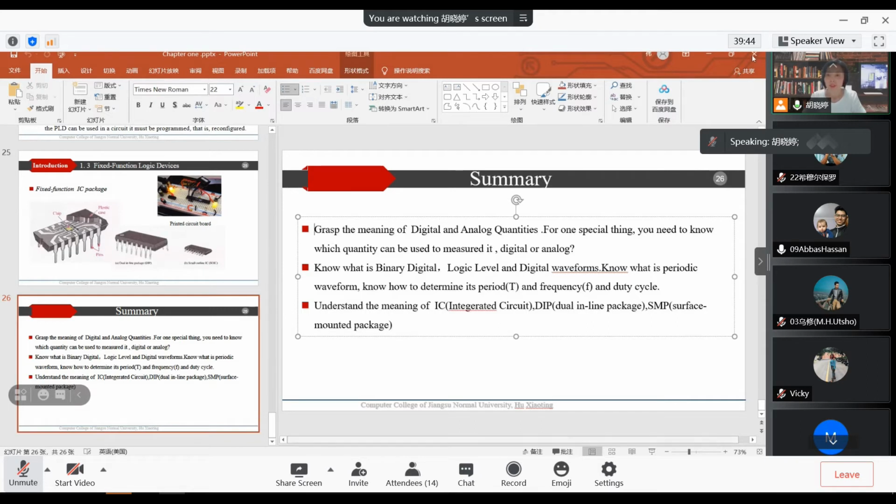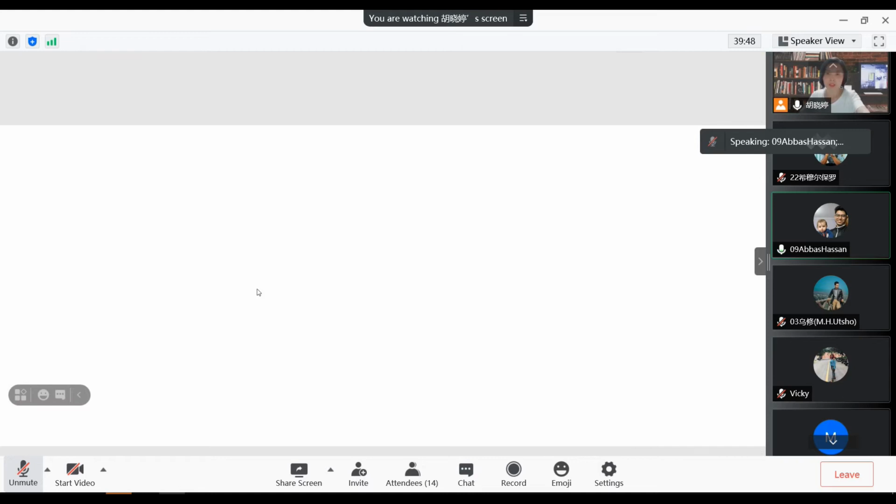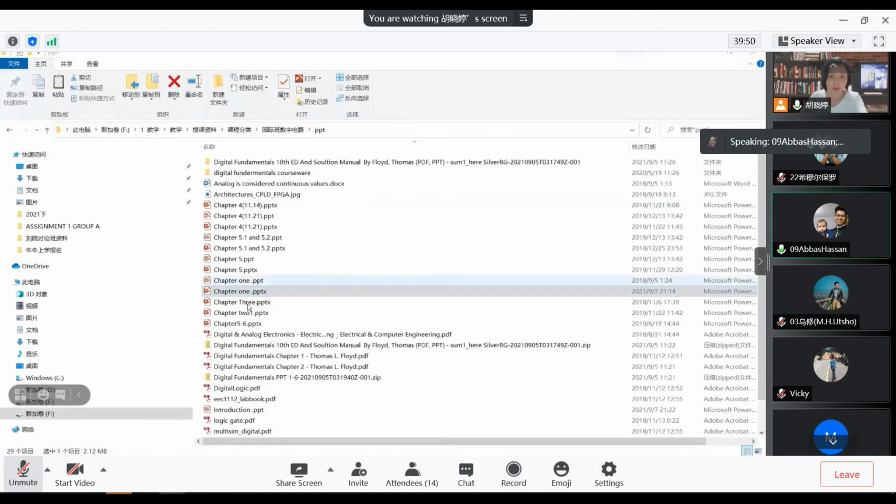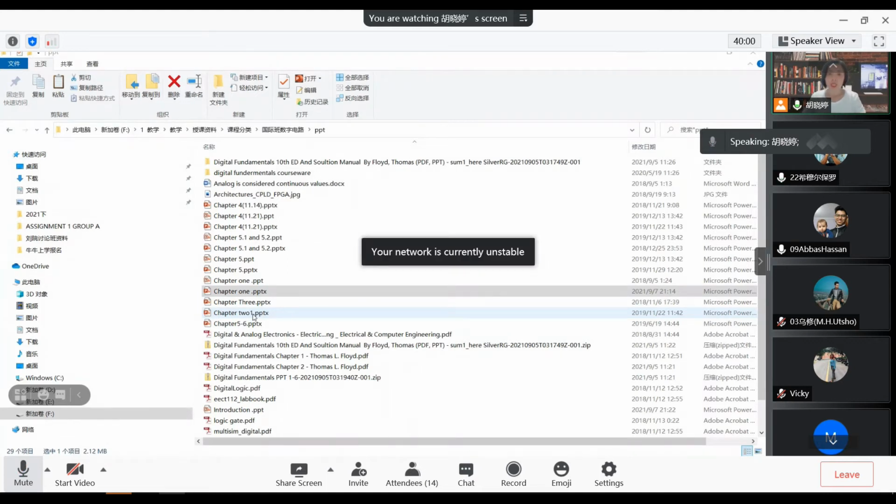This is interesting. Chapter 2 is the same. If you're interested in hardware, you need to study this course hard so that you can grasp the fundamentals of circuits.